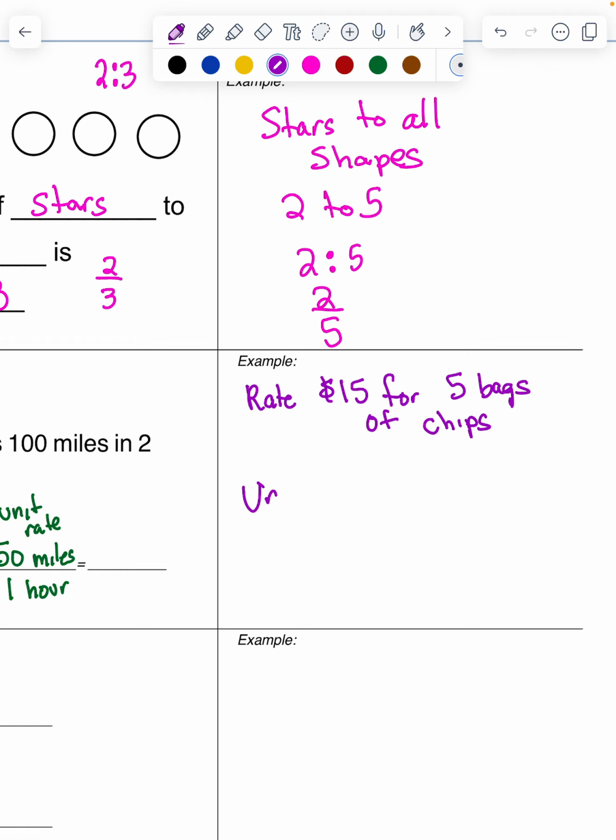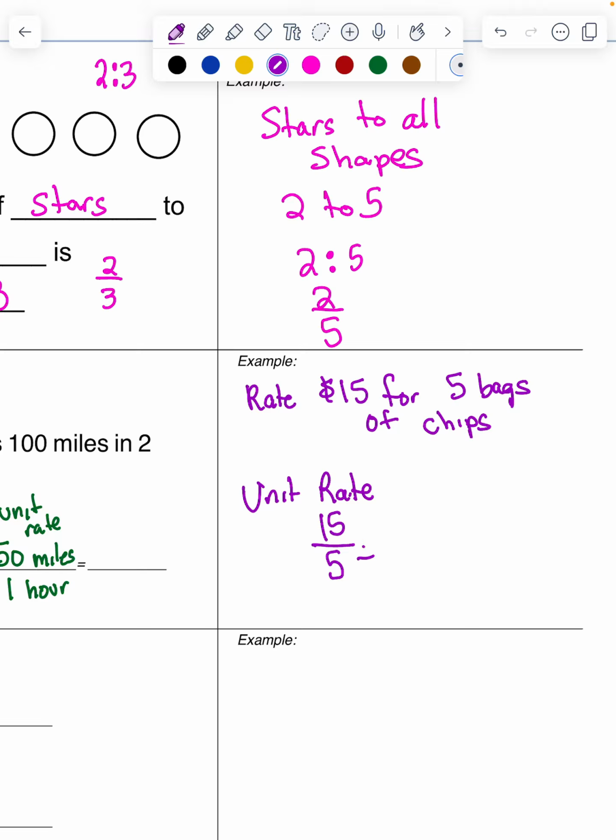I want to do that as a unit rate. So I'm going to create my ratio. I'm going to get the number to 1. So I can divide that by 3 and divide that by 3. Oh, I lied.